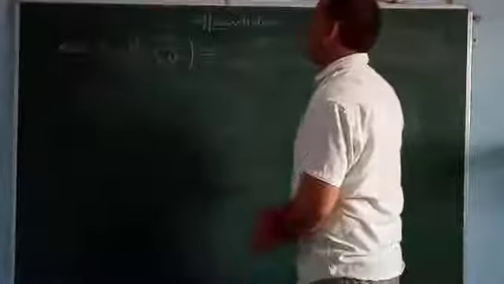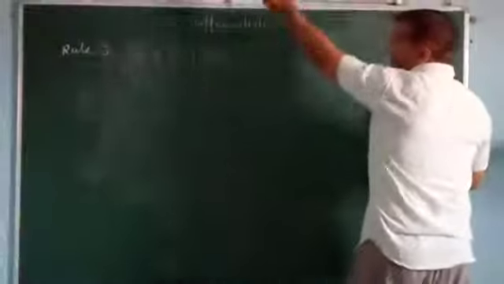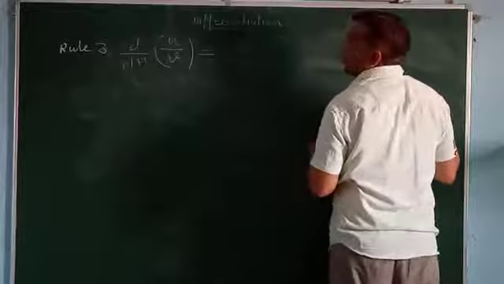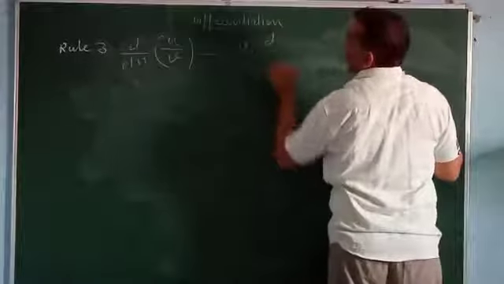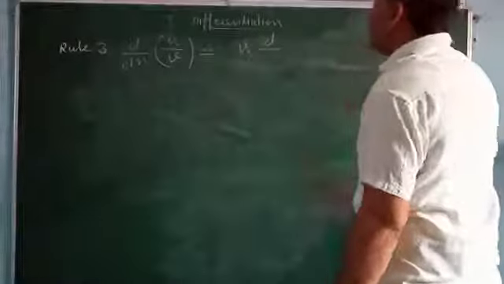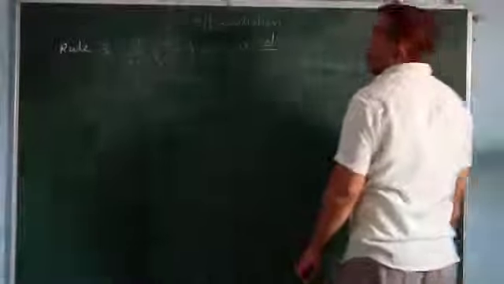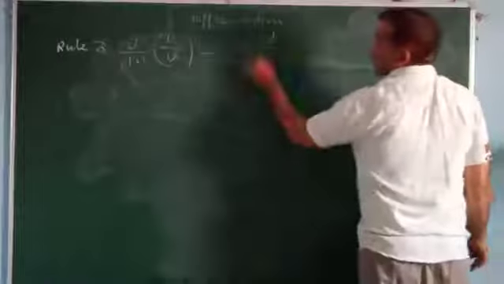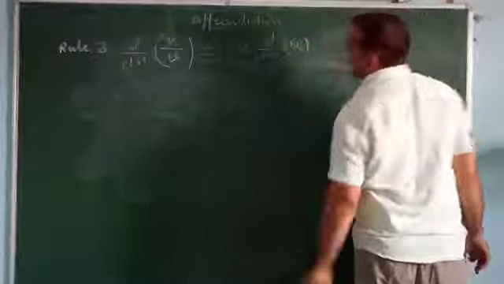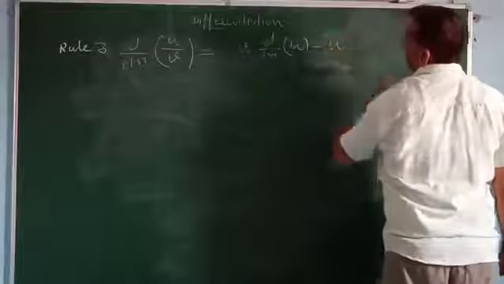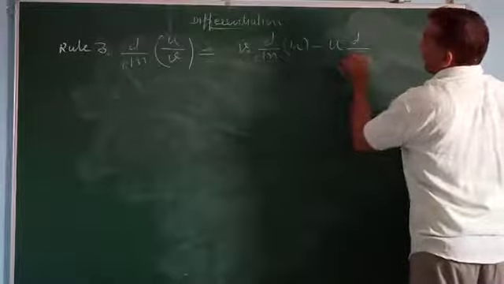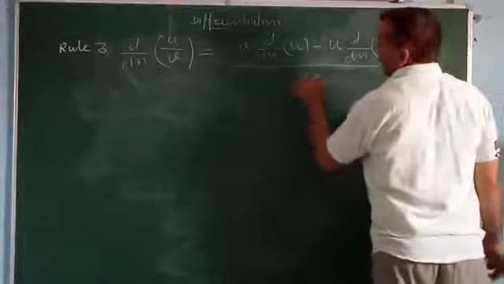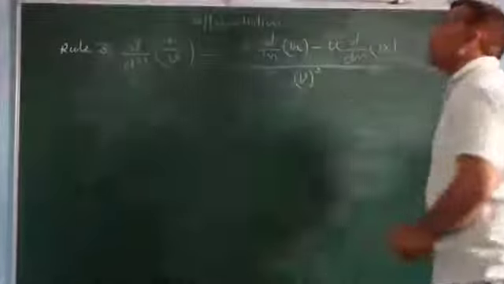In any equation which is in the form of u upon v, you will take denominator as it is, into derivative of numerator, minus numerator as it is into derivative of denominator, upon square of denominator. This is called the quotient rule.